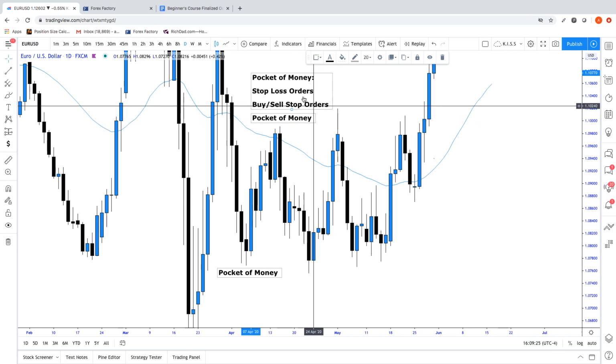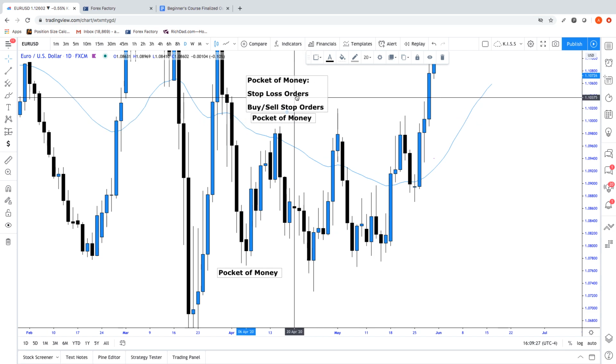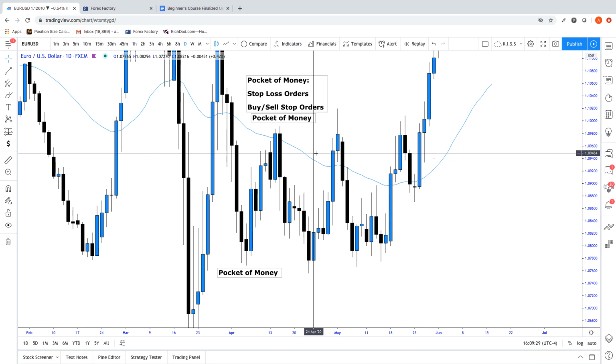Oftentimes, people who trade a retail trading method, 99% of traders, trade the exact same way. They're taught the exact same way. The information is free on BabyPips, the exact same strategy that most people trade. And the banks understand that.